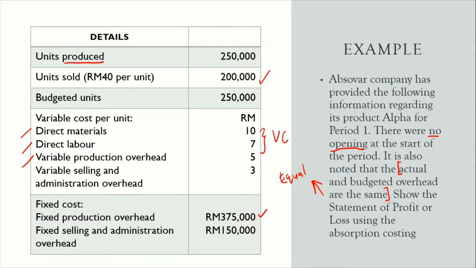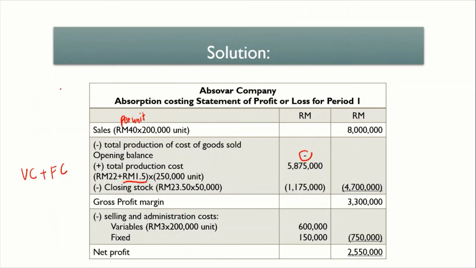What you have to do to get the 1.5 is take the 375 and divide it by the 250 units of production, and you will gain 1.5.